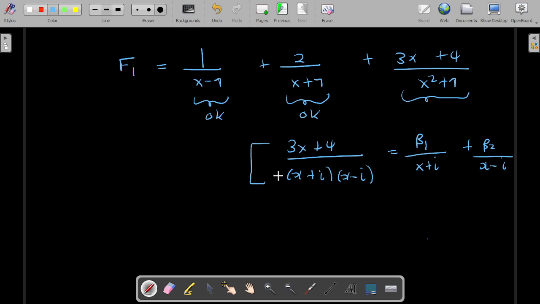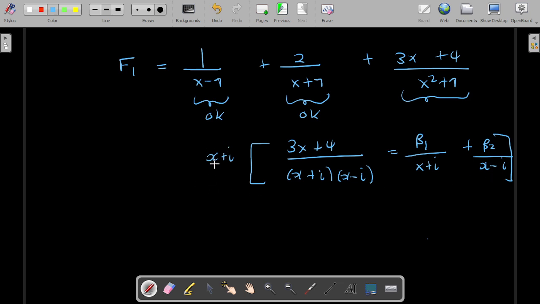And then to find the value of beta 1, we have to multiply by x plus i throughout. And then we're going to choose a value of x that is going to make the other quantity that has beta 2 zero, right? So here, if we multiply by x plus i, here we're going to have x plus i multiplied by beta 2 divided by x minus i. Now here we're going to choose x is equal to minus i, and here the denominator is going to be non-zero, so that is going to be good information.